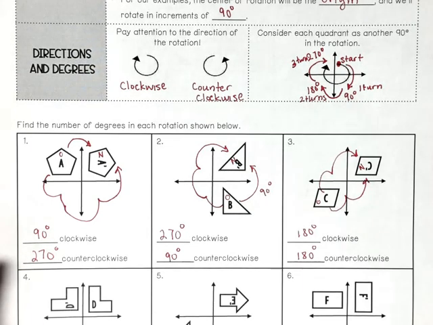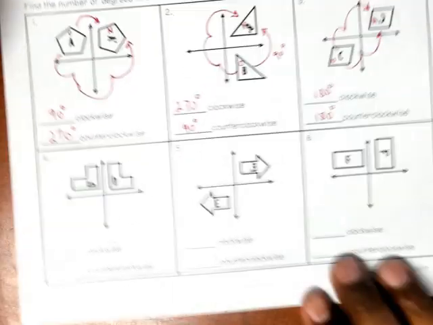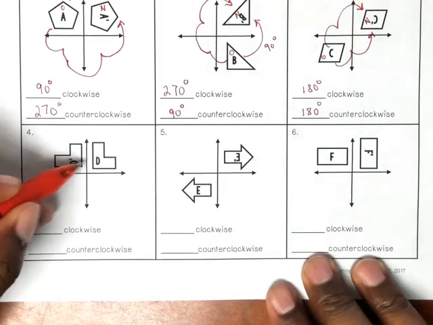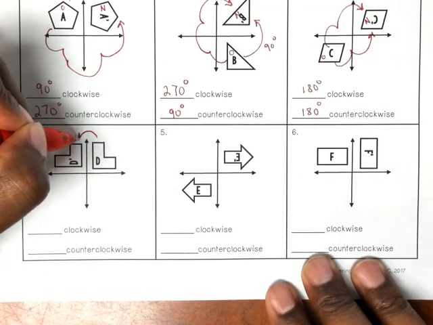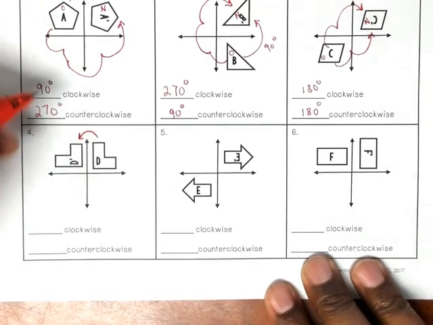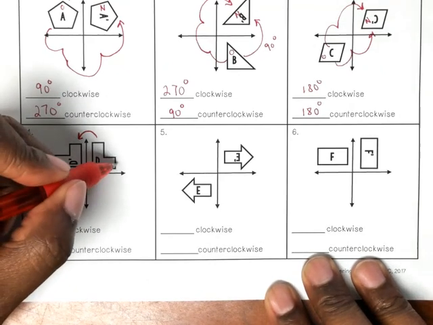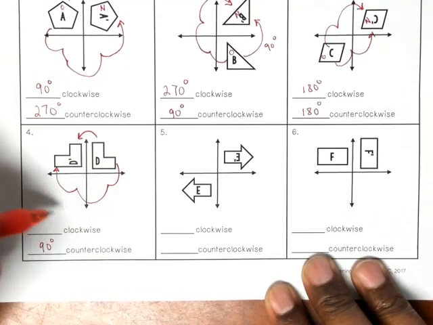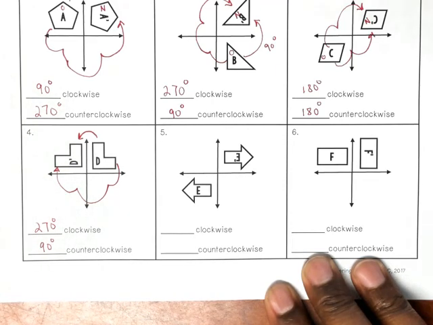If we look at number 4, just to finish this out, we have D to D prime. To go the counterclockwise way, since it was right there, it's 90 degrees, one turn. But to go the clockwise direction is one, two, three. So three turns clockwise is 270 degrees.